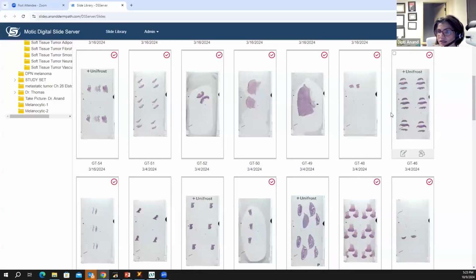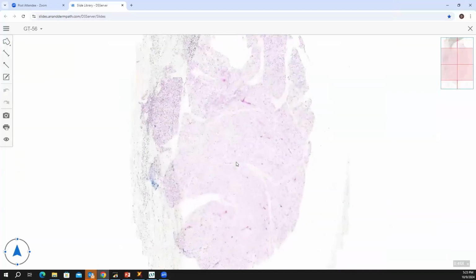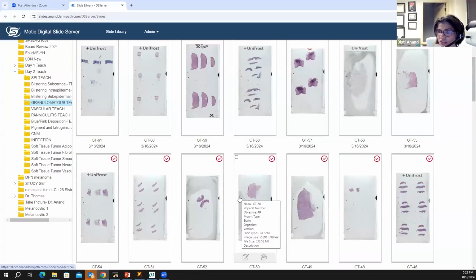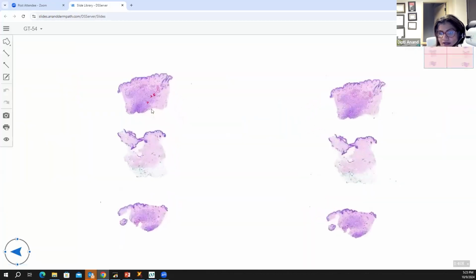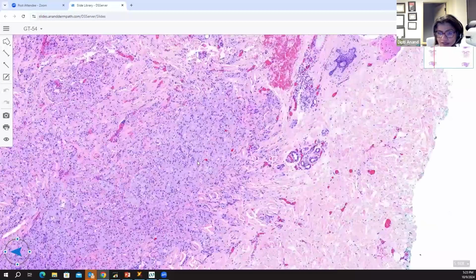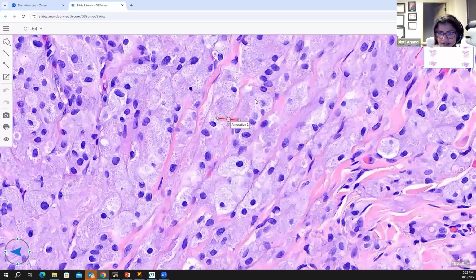Another one would be a hibernoma. Sorry, can you just repeat that about the pustulo-ovoid bodies? Yes. So let's go back to your granular cell tumor, which was here. The pustulo-ovoid bodies of Milian are the pink perinuclear inclusions. These are the big cells, right? They have the granules.